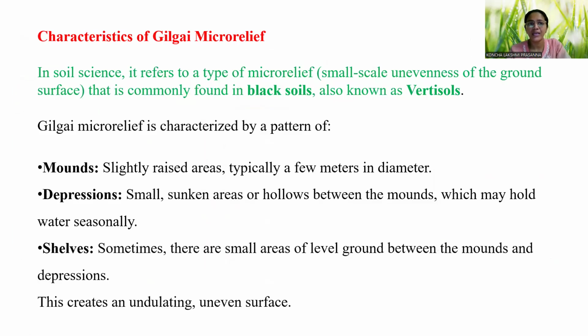So, the characteristics of Gilgai macro relief. Gilgai macro relief is nothing but the unevenness of the ground surface, which is mostly seen in the black cotton soils. It is characterized by a pattern of mounds, depressions, and shelves.